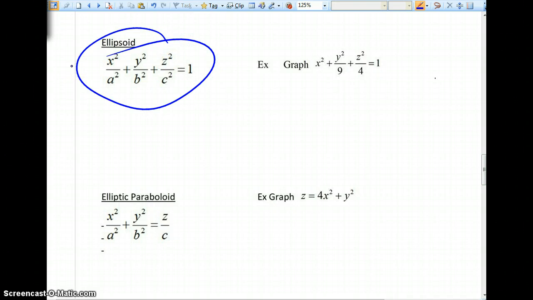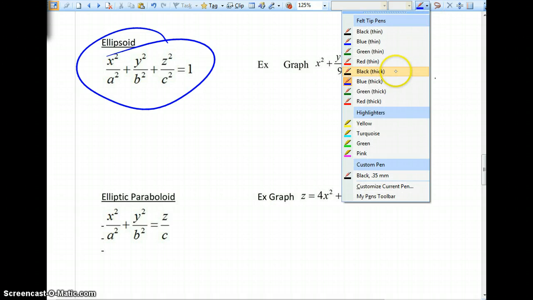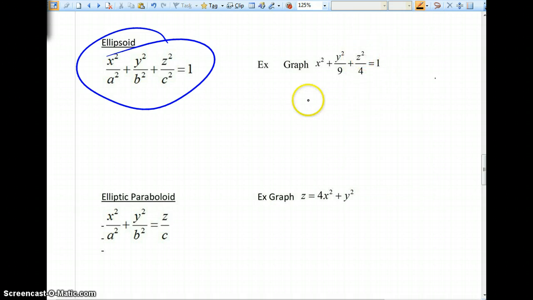A reference to an ellipsoid. This is why I opened the last video with reviewing conics. You could have a three-dimensional ellipse. And let's see what that might look like. Now again, because z is being squared here, you can see, and by the way, if you ignored z just for the briefest of moments, that would look exactly like an ellipse itself, giving reason that this might be a three-dimensional ellipse.